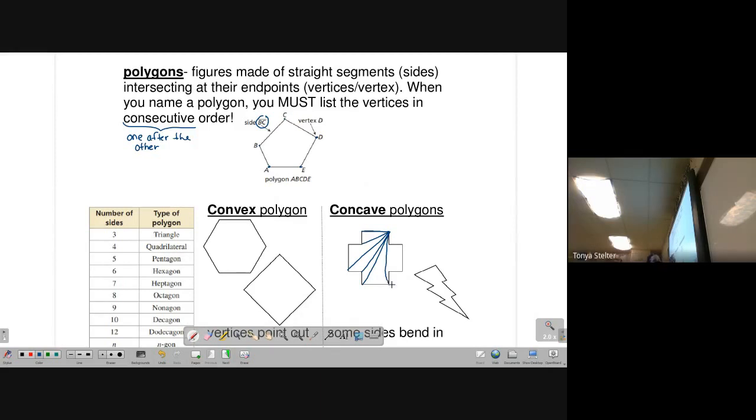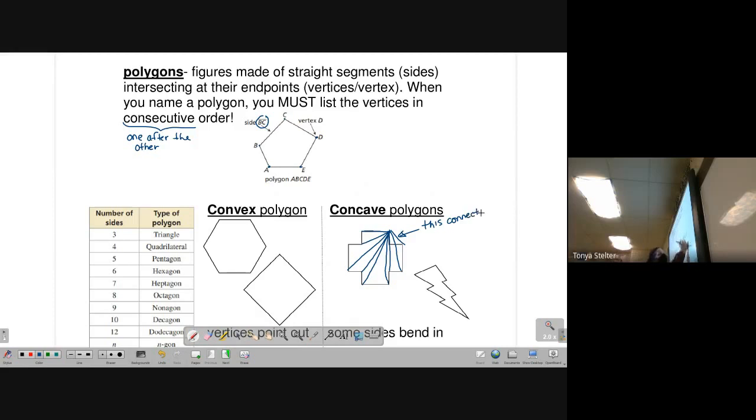Oh, that shouldn't be curved. Just imagine that it's not. This one, and this one. See how some of them appear outside like that? The second one of those connections is outside of the figure. That means it's concave.